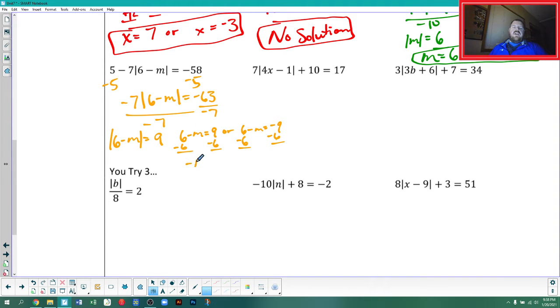And I end up with negative m equals 9 minus 6 is 3, or negative m equals negative 9 minus 6, which is negative 15. I should divide by negative 1 on both sides, or just flip the sign. I get negative 3, or 15.